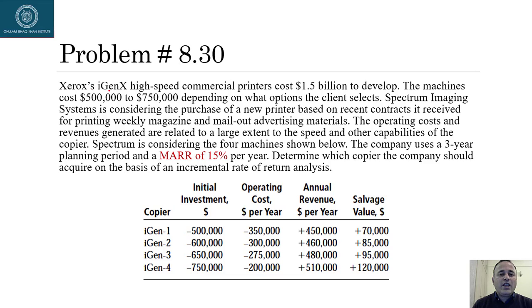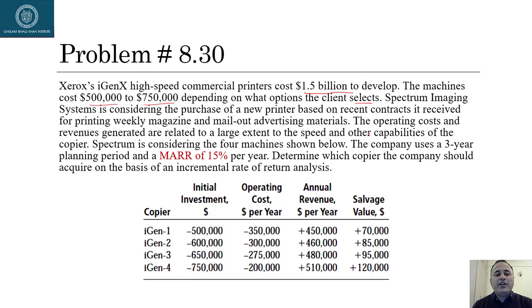Xerox iGen X high-speed commercial printers cost $1.5 billion to develop. The machines cost $500,000 to $750,000 depending on what options the client selects. Spectrum Imaging System is considering the purchase of a new printer based on the recent contracts it received from printing weekly magazines and mail-out advertising materials.